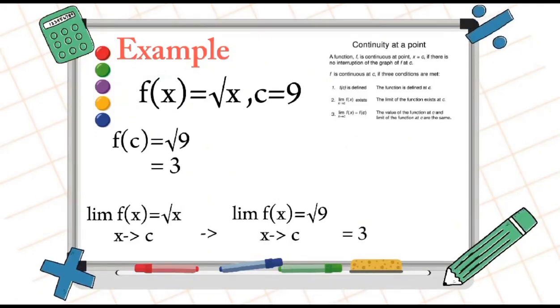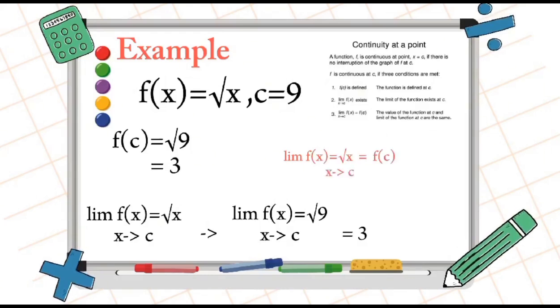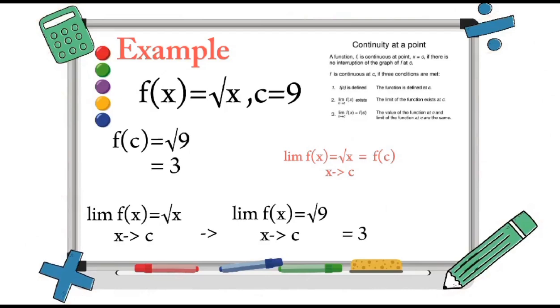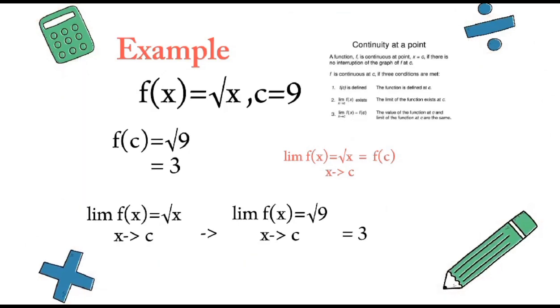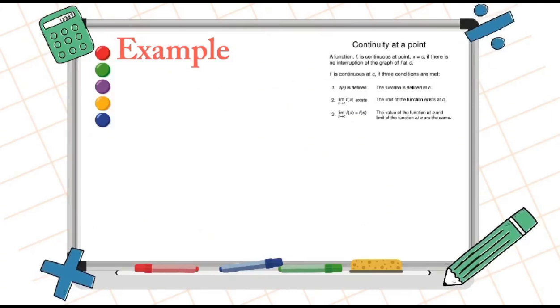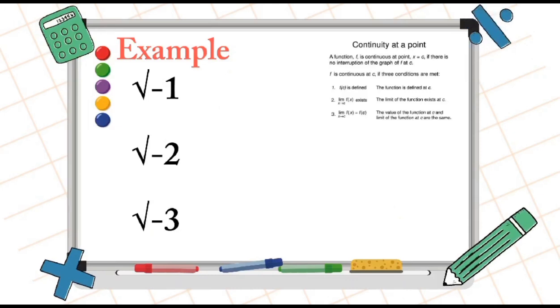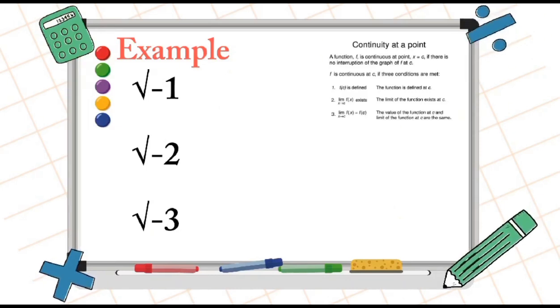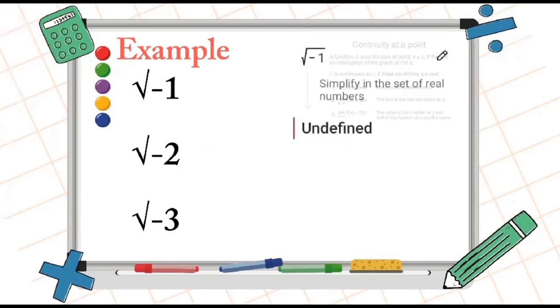And so the answer in number 3 is the limit of f of x equals the square root of x as x approaches c is equal to f of c. Since they're all equal, we can say that it is continuous and c is greater than 0. If the value of c is less than 0, for example the square root of negative 1, the answer will be undefined.